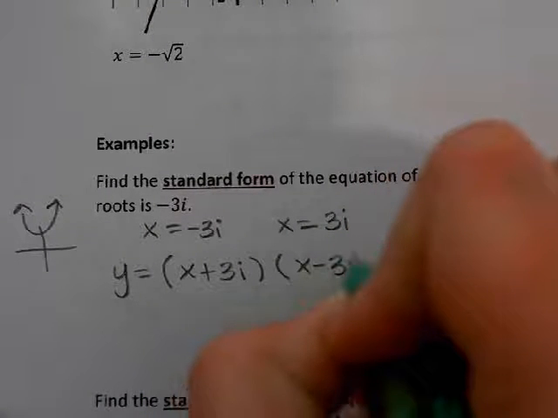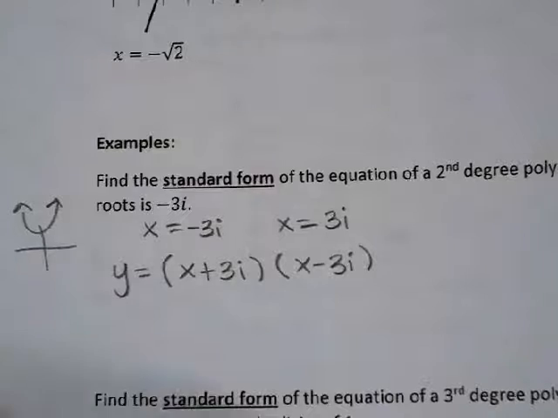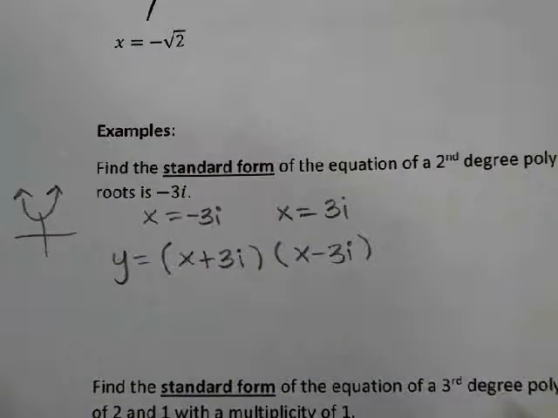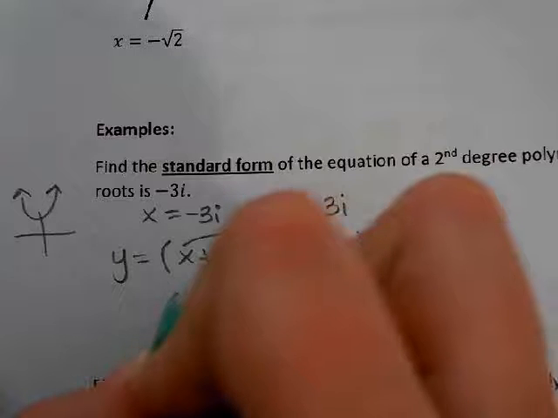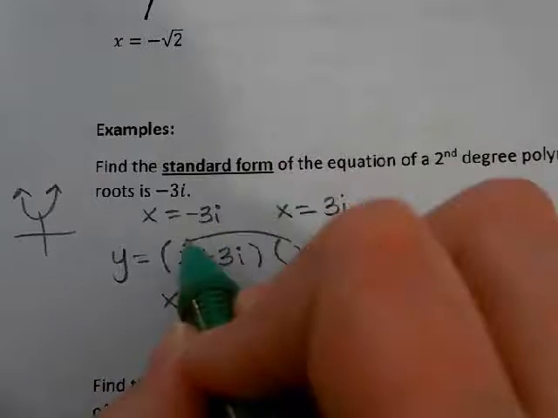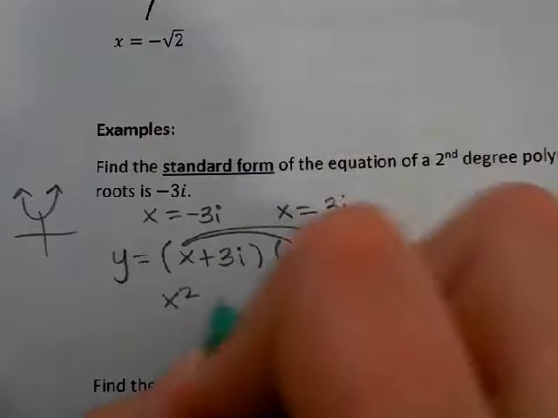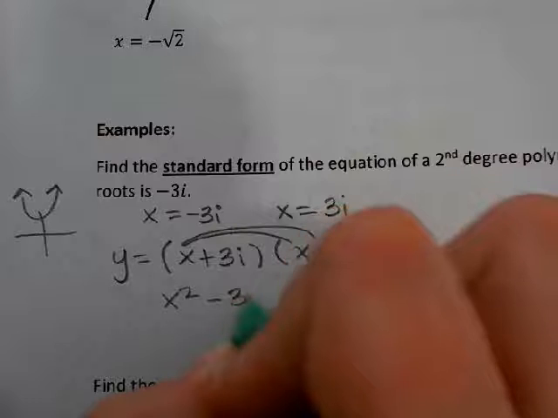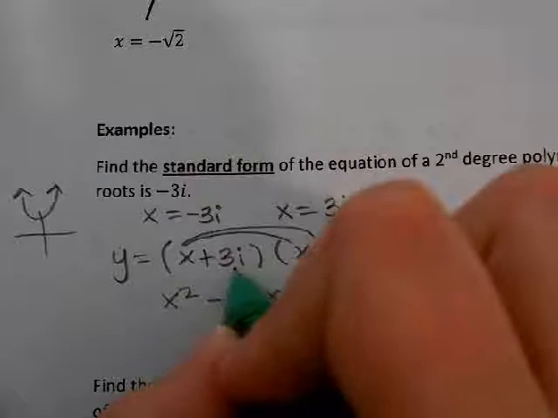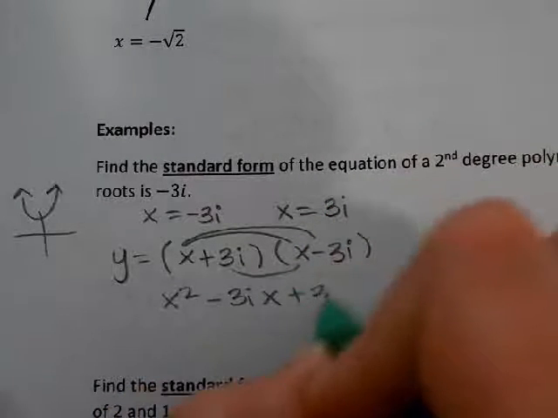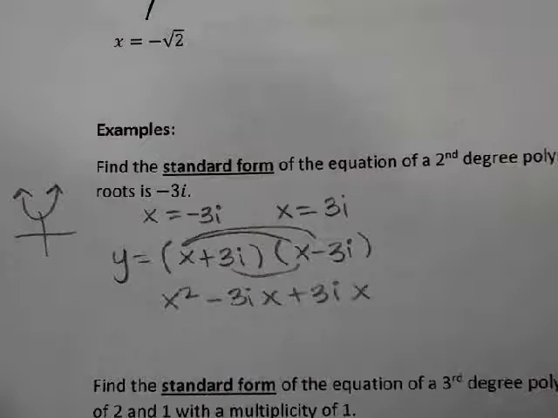So x times x is x squared. x times negative 3i is negative 3ix. Positive 3i times x is positive 3ix. And then positive 3i times negative 3i is going to be a negative.